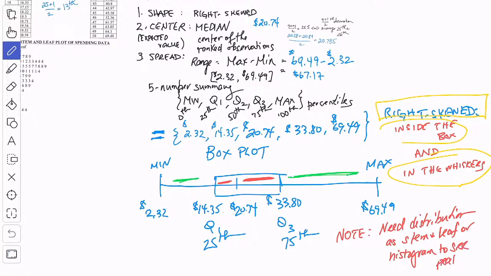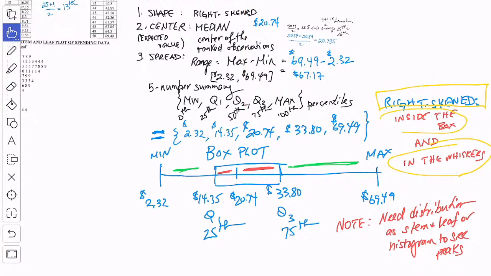Okay, and the other thing, what else are you missing in this box plot?